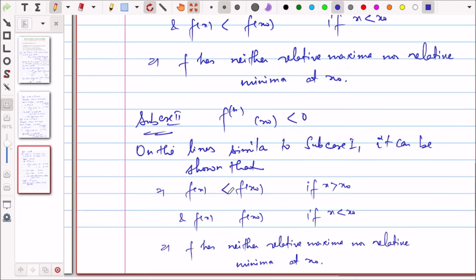This will become negative, this will become positive. So f has neither relative maxima nor relative minima at x0. Is it fine, everyone? So this completes your proof.